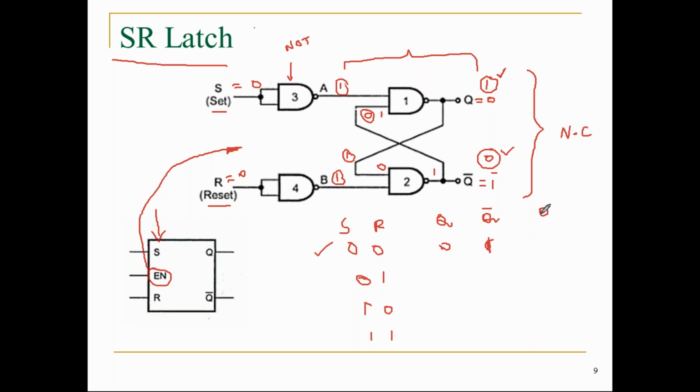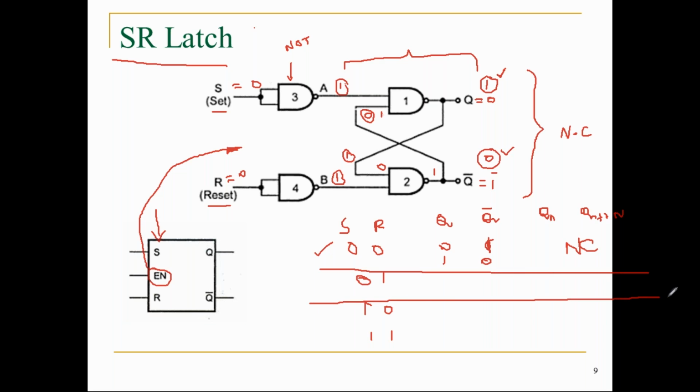So what is the new output we obtained? Q(n+1) is the same. This is called no change, even if it is 0 1 or 1 0. Okay, so the first thing is over.